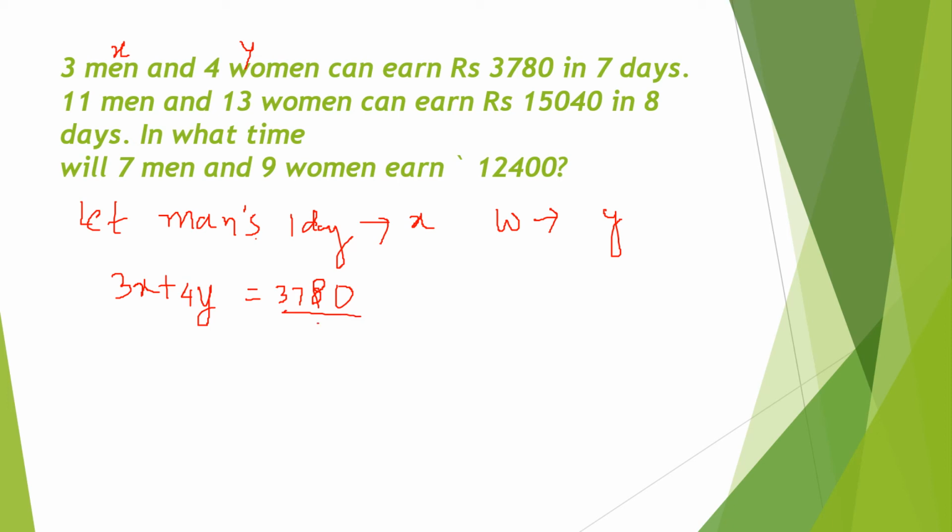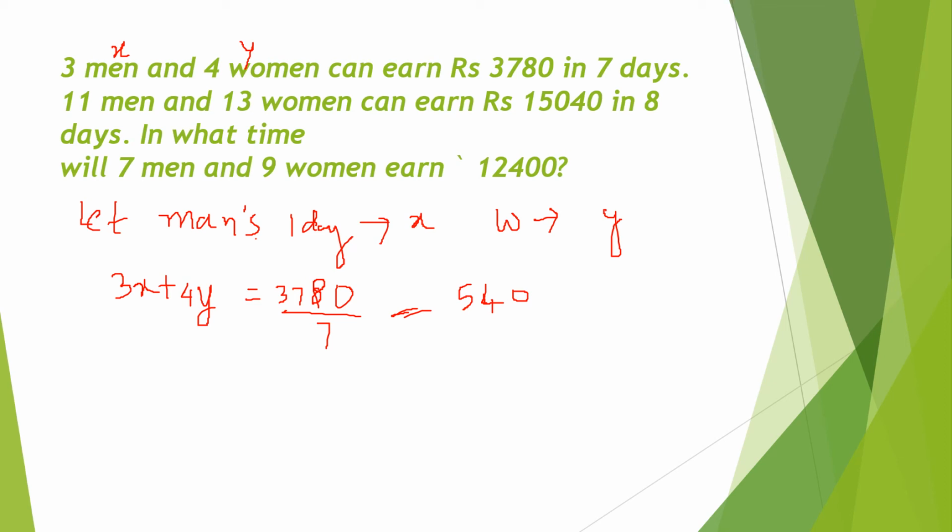So it should be divided by 7, since we are considering one day's work. Now when you calculate this, you get around 540. 7 times 5 is 35, and 7 times 4 is 28, right? You can tell the value is 540. That is 3x plus 4y is 540.